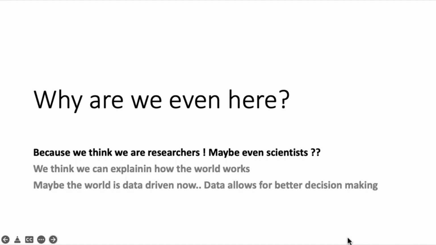Maybe we're interested in this lecture because we have understood that the world these days is driven by data, and data basically helps us make better decisions, and regression analysis is one way to actually analyze data.